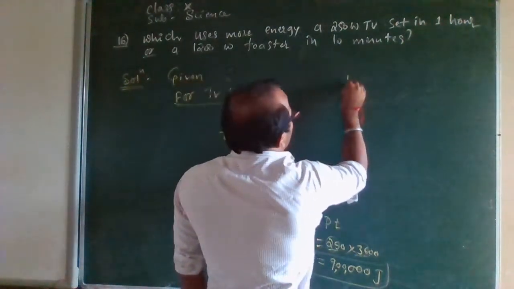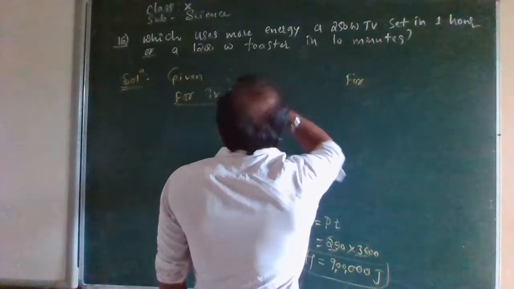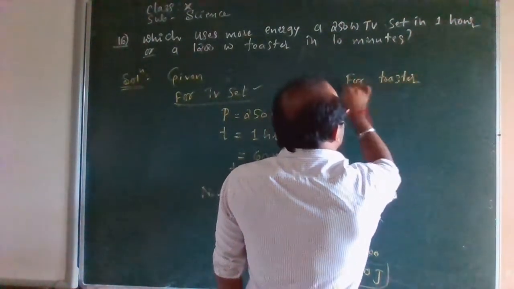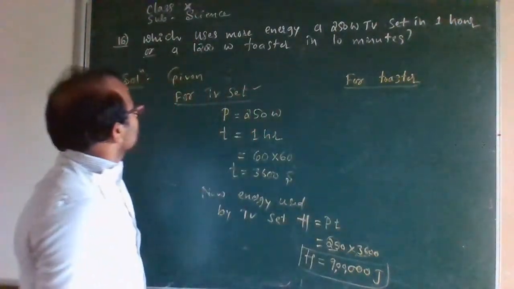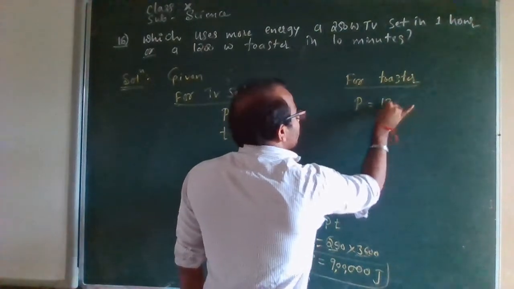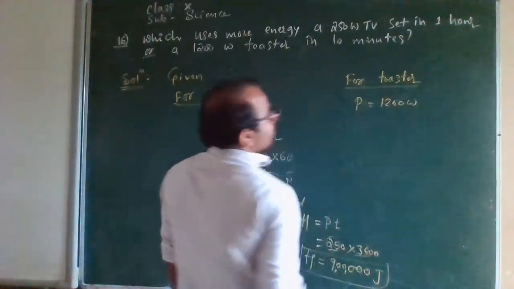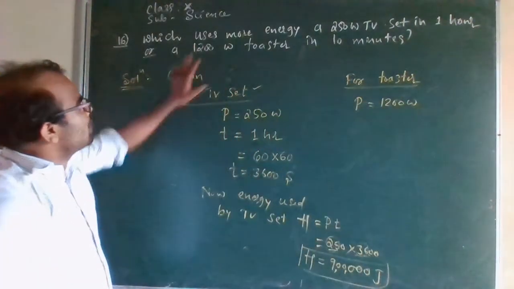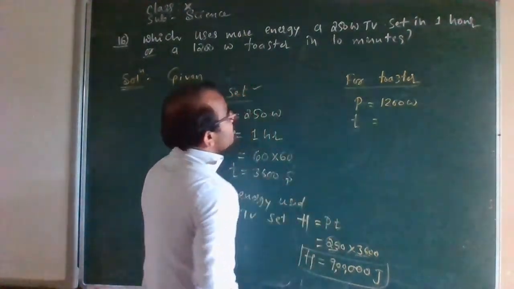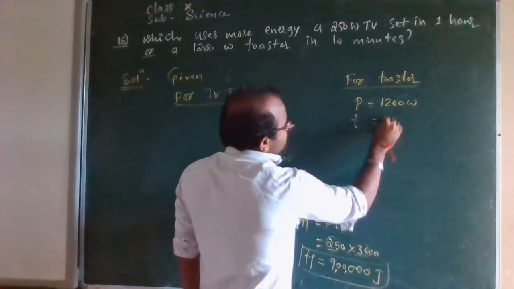Now I want to check for toaster. Okay, for toaster. For toaster, how much is the power? Power is equal to 1200 watt. Is not it? Power they have given it as 1200 watt, and time they have given it very less this time, 10 minutes.